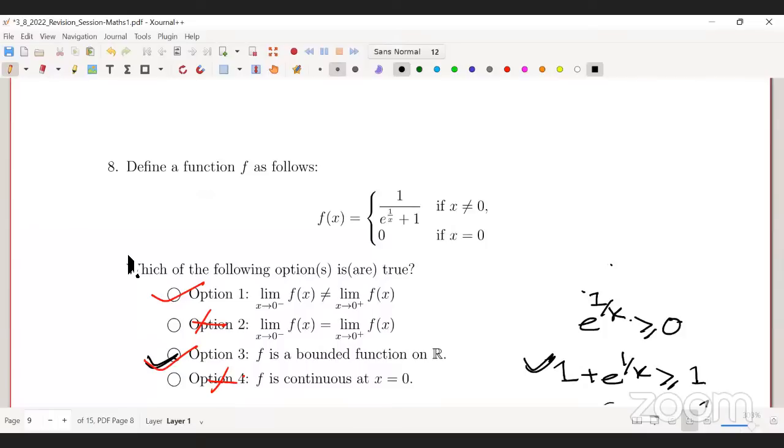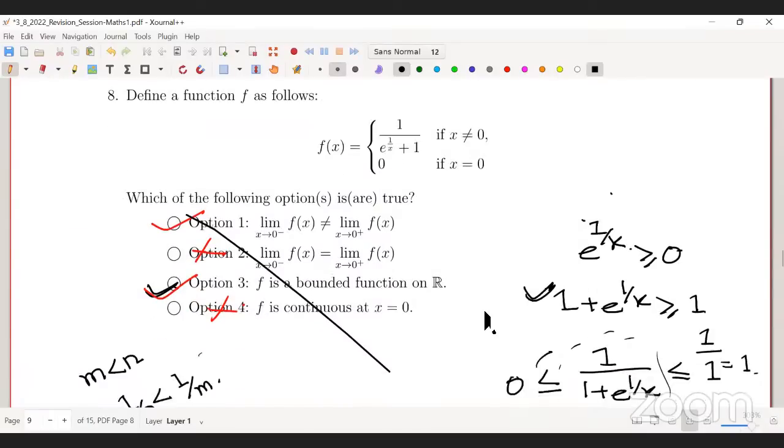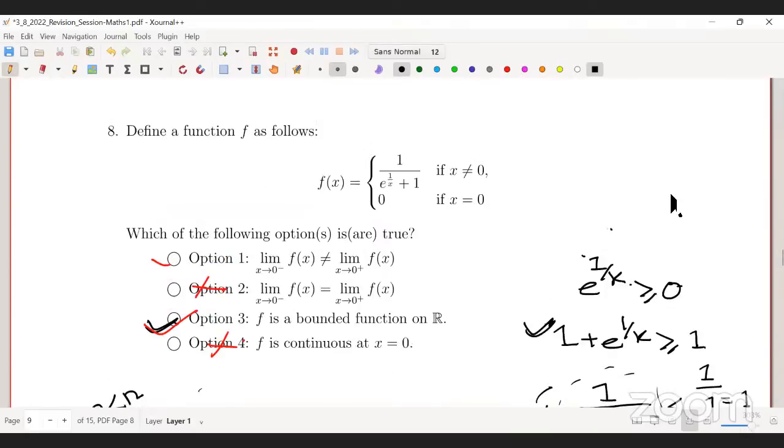Our range is not from 0 to 1. Let me tell you what you mean by bounded on R. This function is from R, so on R means we are considering R as your domain.